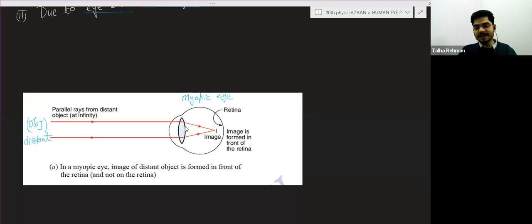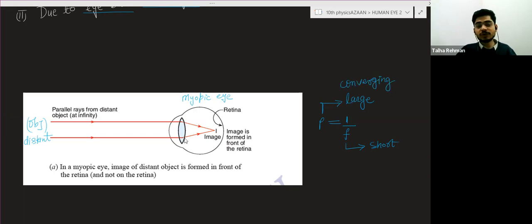But this eye has the defect. Why does this eye have the defect? Because of this eye lens. In the eye lens, what happens in myopia? In the eye lens, the focal length becomes short. So what will happen to the power? If the focal length becomes short, the power of the eye lens becomes large, a large converging power.